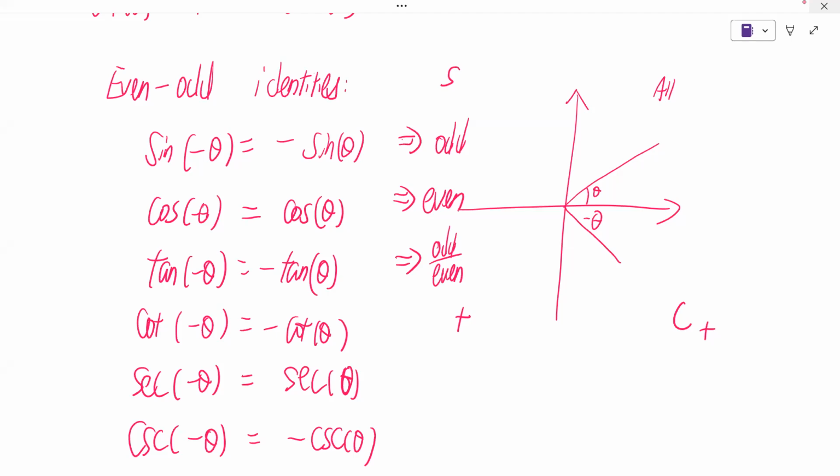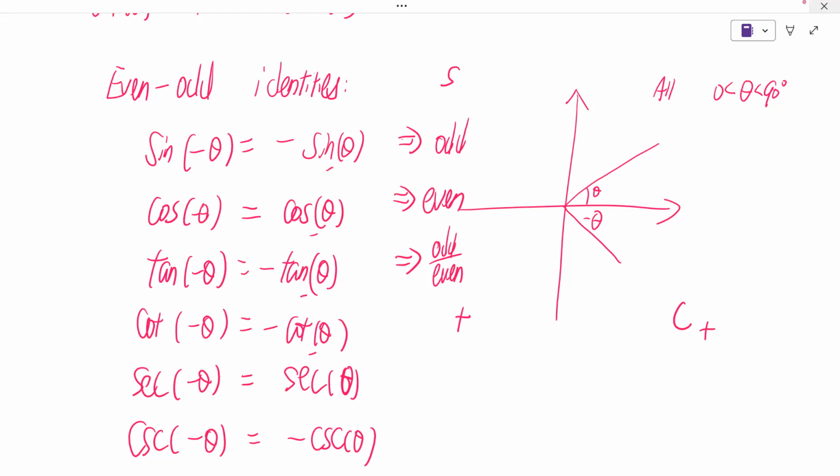That's why it has to be minus tangent theta. Because all of these are positive, because we are assuming theta is in the first quadrant. Theta is greater than 0, less than 90 degrees. And so we can prove all of this just based on this simple graph right here.